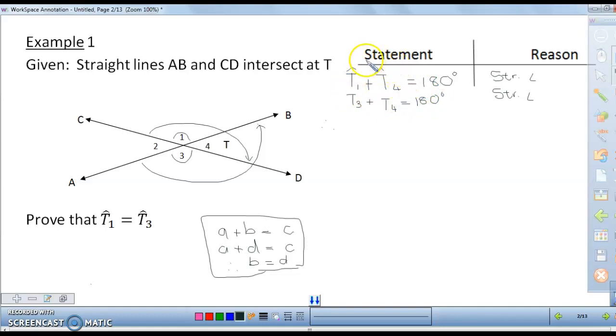So the left-hand side of this equation must be equal to the left-hand side of that equation, because they are both equal to 180. So let's write that. I get angle T1 plus angle T4 must be equal to angle T3 plus angle T4.